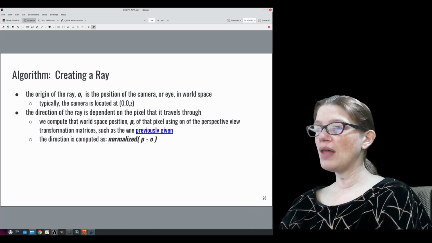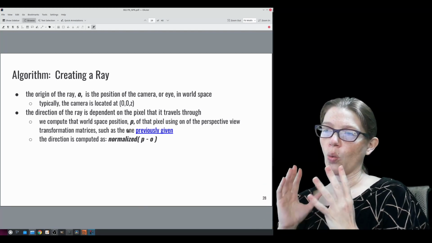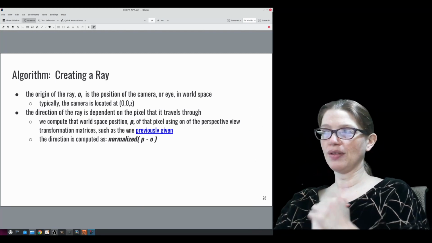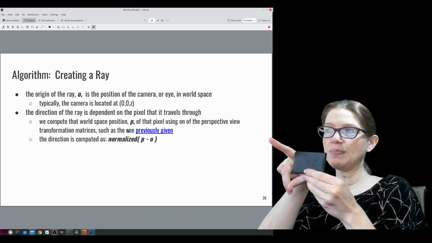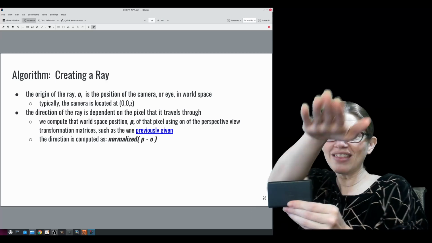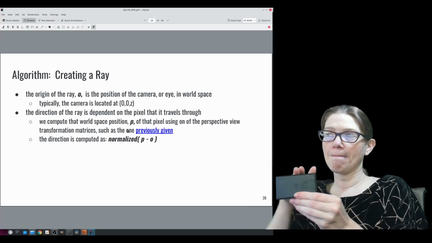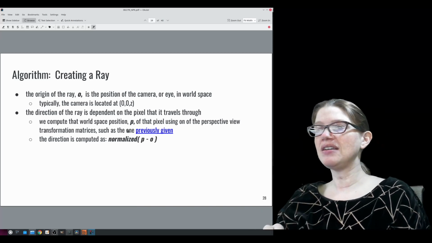Now, the direction of the ray really gets determined from which pixel it's going through. So the direction of the ray going through this pixel is different from the direction of the ray going through this pixel. They're all going this way, but which exact direction is a little bit different.